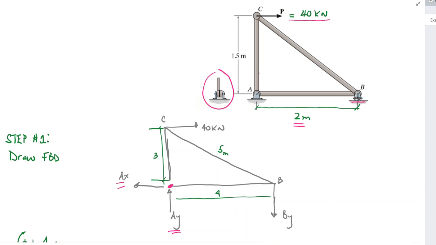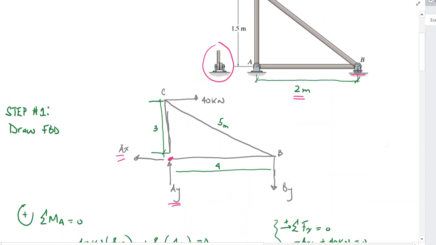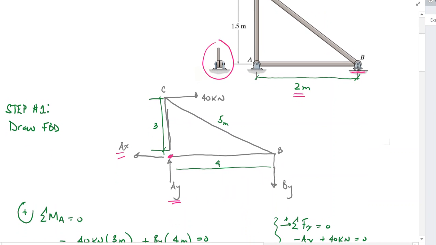But a 40 kilonewton force at 1.5 meters is going to be a different moment than a 40 kilonewton force at 3 meters. We'll see as we go along. Great question. So we have the 3, 4, 5 triangle.